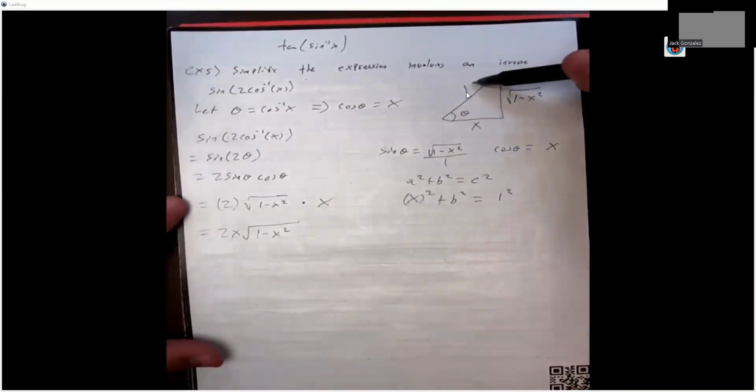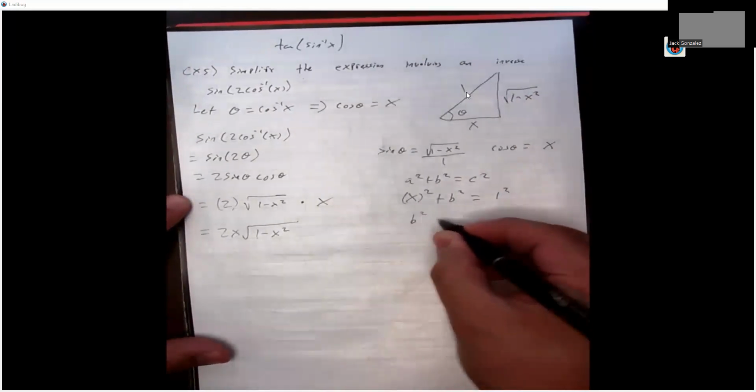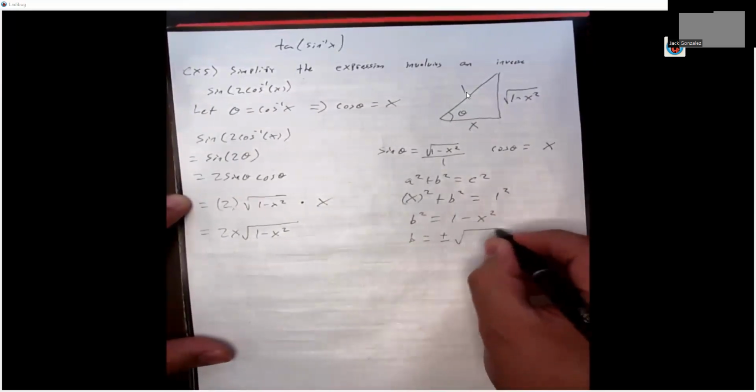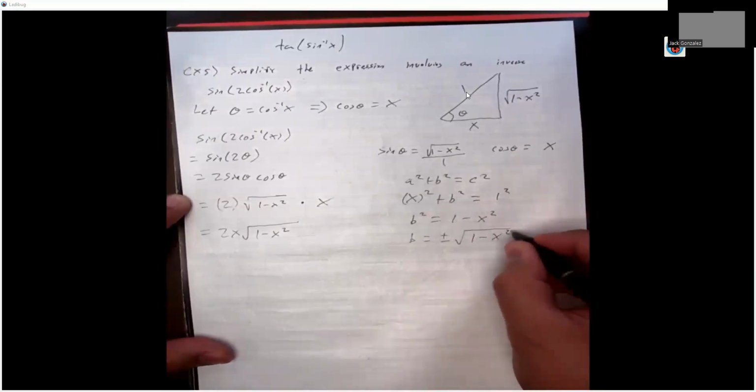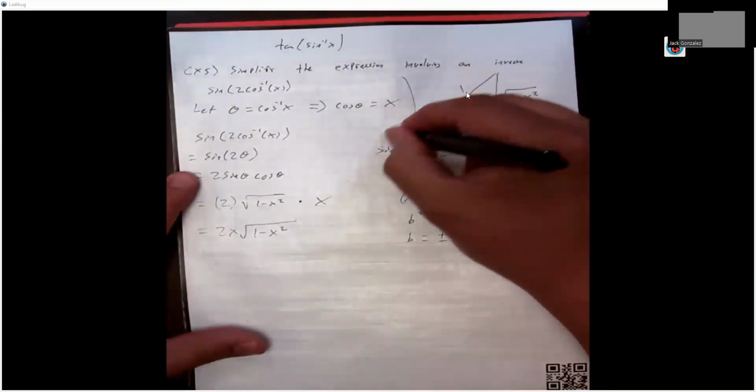The only one that can't be is the hypotenuse. So b squared is equal to 1 minus x squared. So b is equal to plus or minus the square root. But as I said earlier, we don't really care about the plus or minus because they're not telling us where x is. So this is general x. Fine.